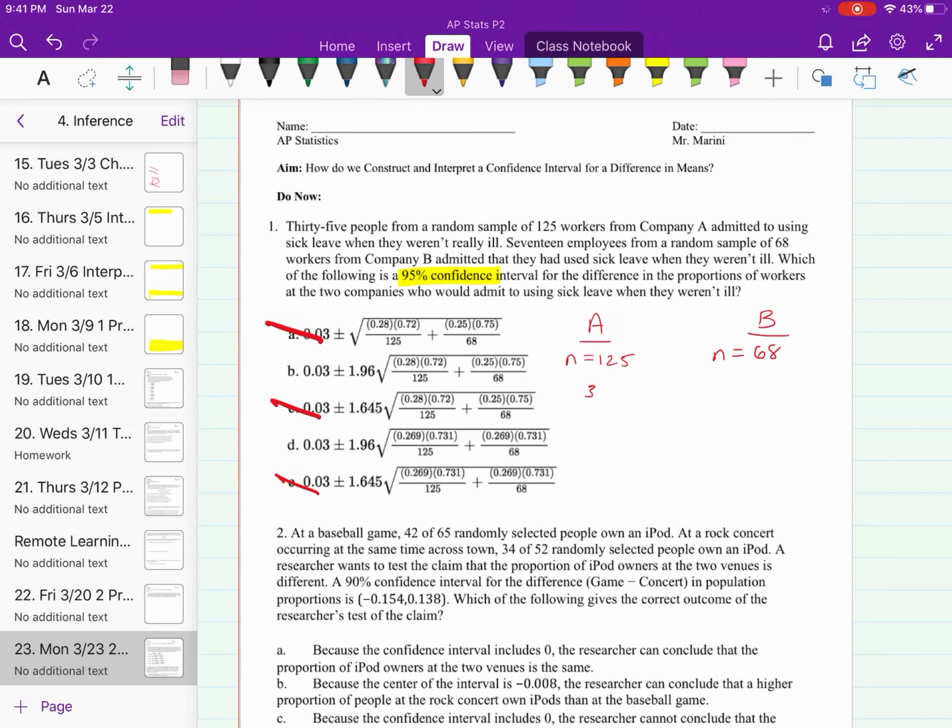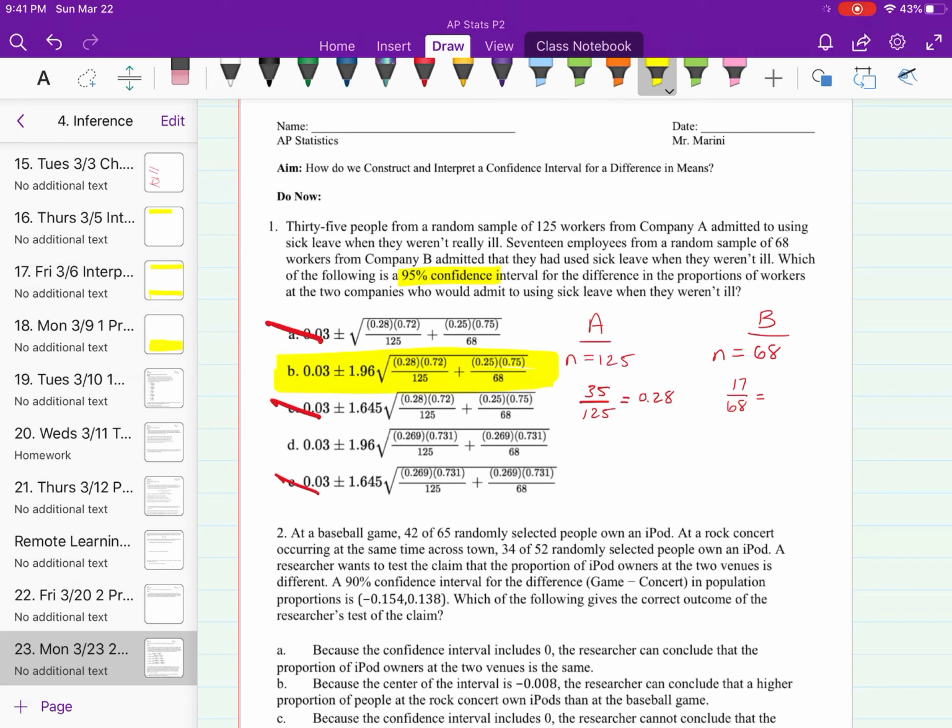It also says that 35 out of the 125 people from Company A are admitting to using sick leave when they're not really ill, which actually comes out to be a sample proportion of 0.28. And in Company B, 17 out of those 68 people admitted the same thing, which I was going to calculate, but I can actually figure out what the answer is between those two choices. The one that has the correct numbers is choice B.